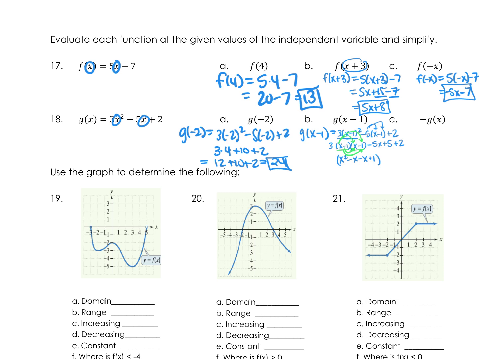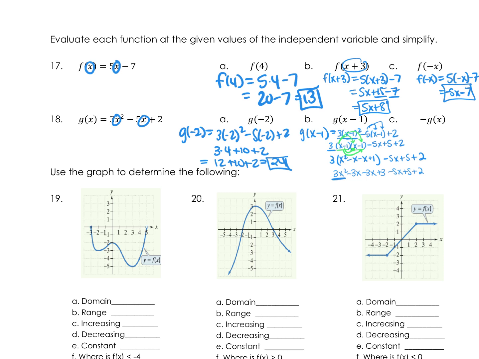And all of that is being multiplied by this 3 in the front. So that's where you have to be careful. Then we can bring down the rest of this. And then we can multiply the 3 by everything in there. So we'll have 3x squared minus 3x plus 3 minus 5x plus 5 plus 2. Combine like terms.